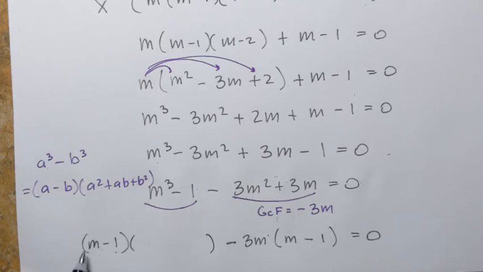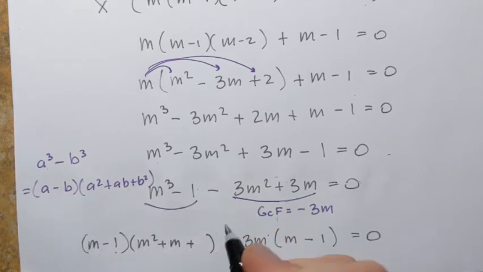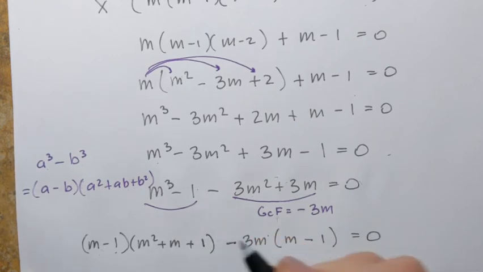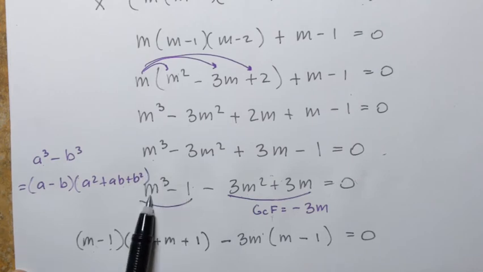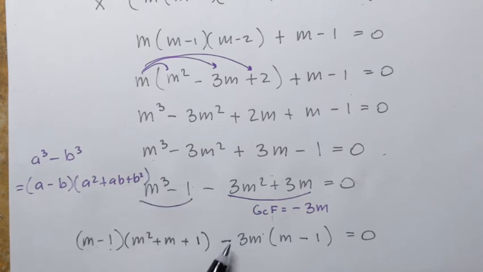So it's the square of the first one, m squared, plus their product, 1 times m is just m, and then plus the square of the second one. The square of the second one, 1 squared, is just 1, so plus 1. And by applying the formula here, now I can see that I should be able to finish this grouping method.